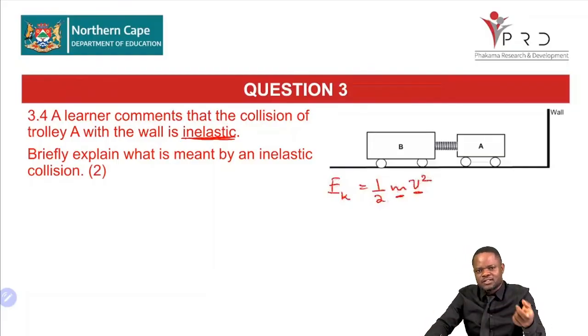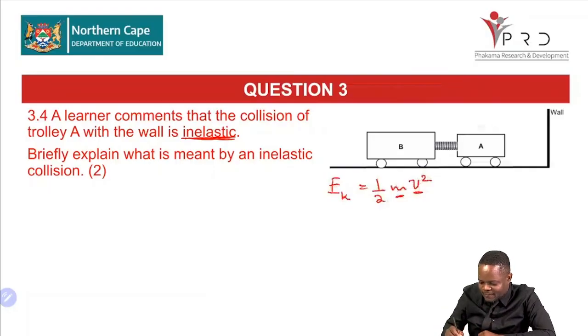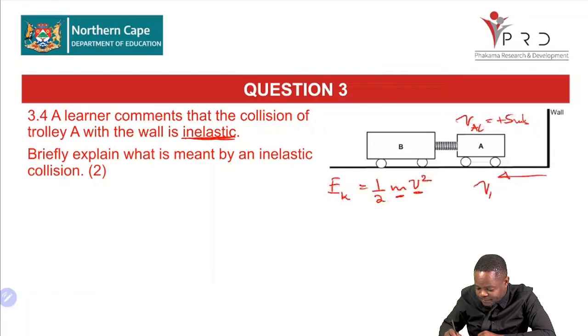The moment the velocity of an object changes, then you know that the kinetic energy of your object has changed. Let's look at trolley A. When trolley A moved towards the wall, its initial velocity, we said it was a positive 5 meters per second, right? And when trolley A bumped on the wall and came back, which is the last part that we did in our calculation, what was VA final?